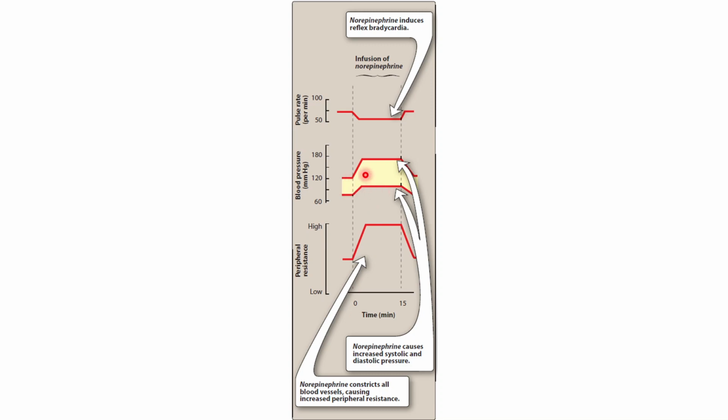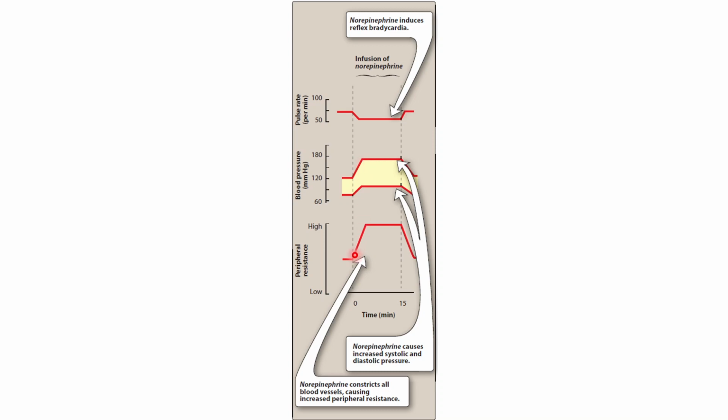Blood pressure is increased dramatically with the norepinephrine because norepinephrine mostly will act on the vessels. And because of the high increase in the blood pressure, also the peripheral resistance increases very much, because norepinephrine will constrict not only large vessels but also the small vessels.